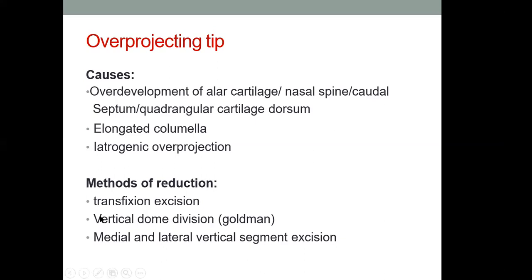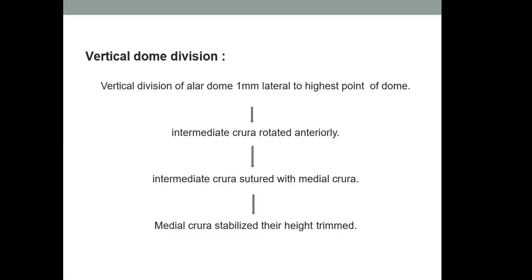The first one is transfixation excision, vertical dome excision, and medial and lateral vertical segment excision. Vertical dome excision: division of the alar dome 1 millimeter lateral to the highest point of the dome, the intermediate crura rotated anteriorly, and sutured with the medial crura to stabilize their height.